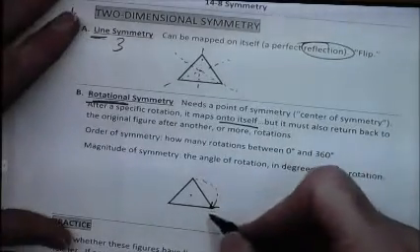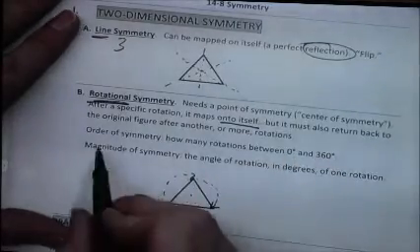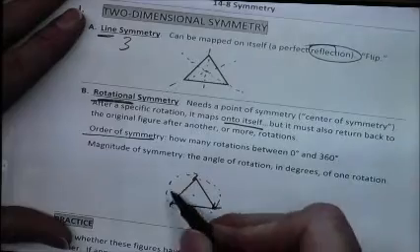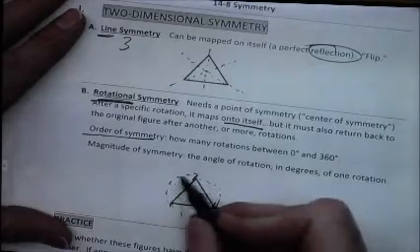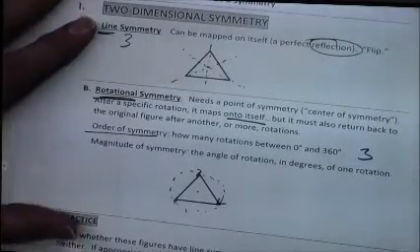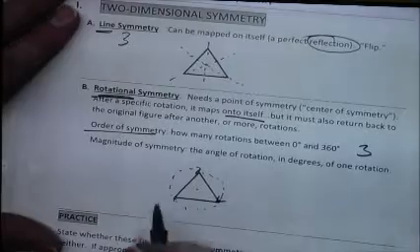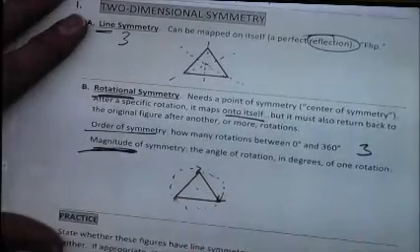And you can do it once, and you can do it twice, and you can do it three times. So the order of symmetry is how many rotations it makes. It makes 1, 2, and 3 by the time it gets back to the start. So in this case, there's an order of symmetry of 3. Based on that, you can figure out the magnitude of symmetry.